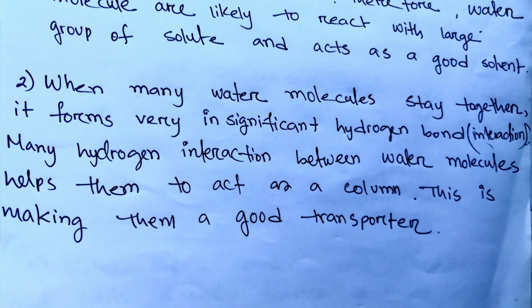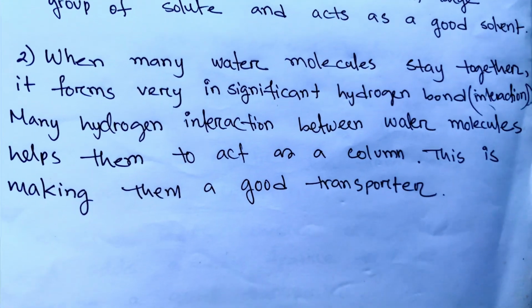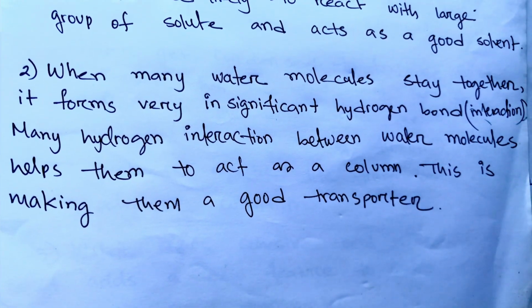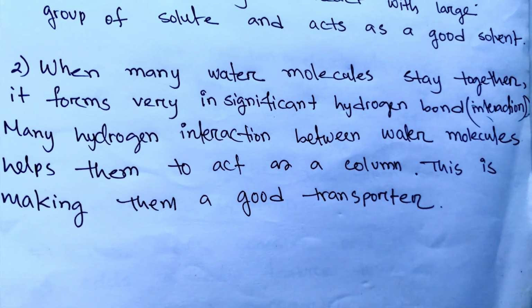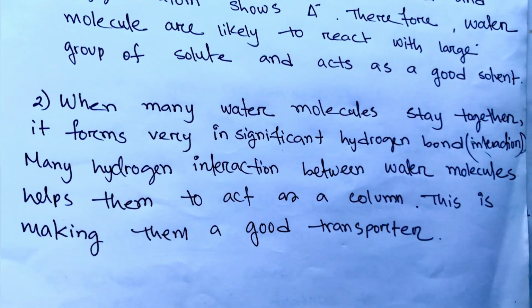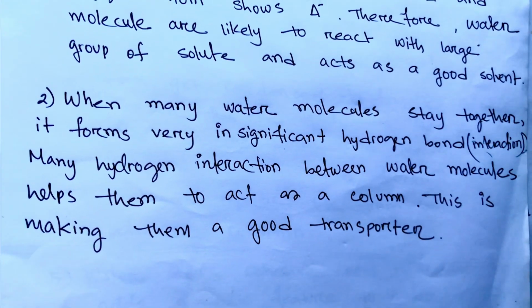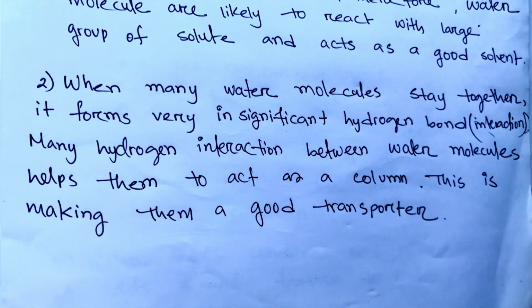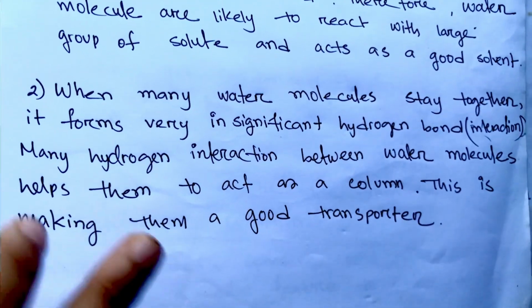For example, in the transport of water in xylem, it forms a column and gets transported from the roots through the stem to the leaf.